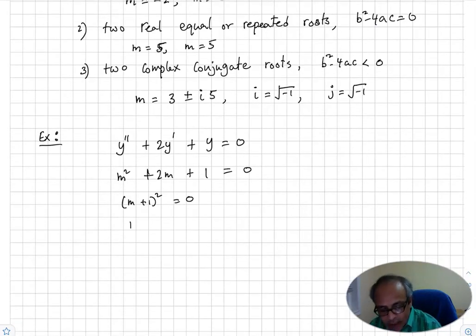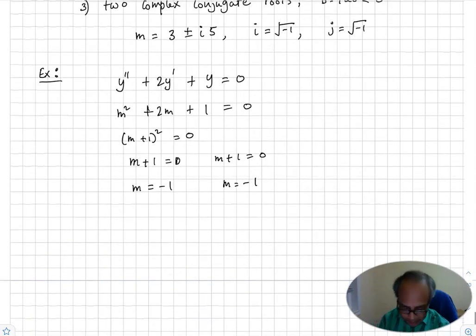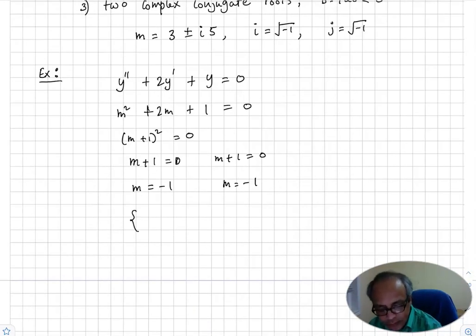Because it is a perfect square, you can write m plus 1 equals 0 and m plus 1 equals 0. So it has two roots, m equals minus 1, m equals minus 1, which is not bad. Then you need to have a fundamental set of solutions: e to the power minus x and e to the power minus x.